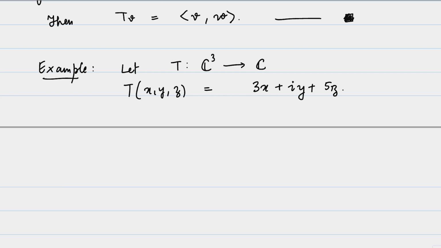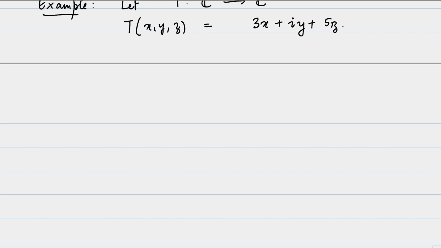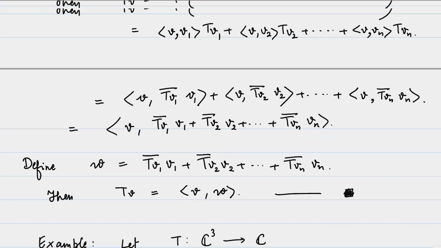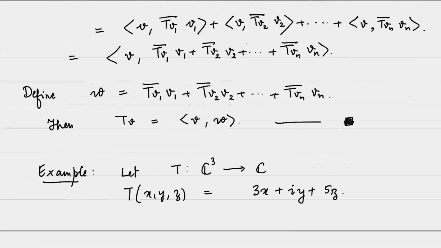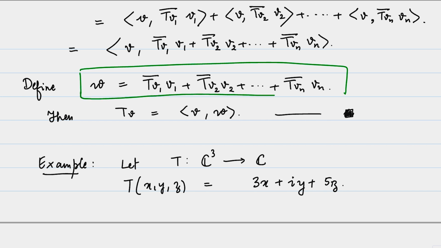We can actually guess directly from here what the W would be in the case of this linear functional T, but nevertheless let's do the calculation and see whether we get what we are guessing. So what was the procedure to do that? Let's go back up and check the W, which I'm going to now put in a green box. This is exactly the element that we are going to define.